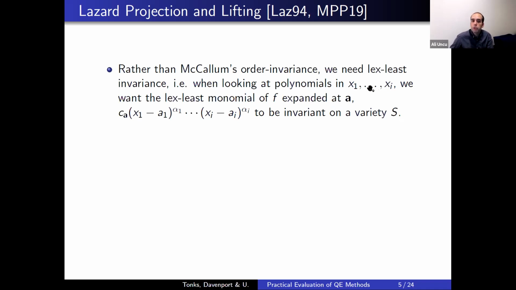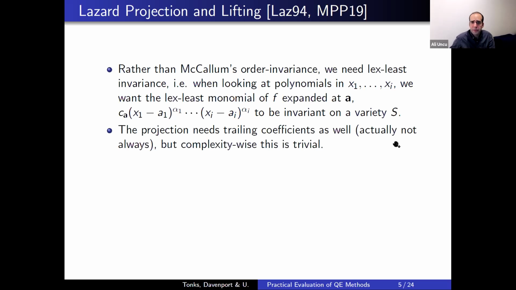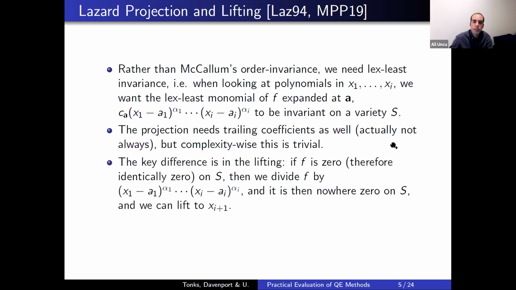When you look at the polynomials, the lex-least monomial of f should be expanded in a certain way, where you know the roots for each and every variable. And this is desirable. Although just as in McCallum, you have trailing coefficients, not all the time, but sometimes. Complexity-wise, they are trivial, so it doesn't change much in that regard.